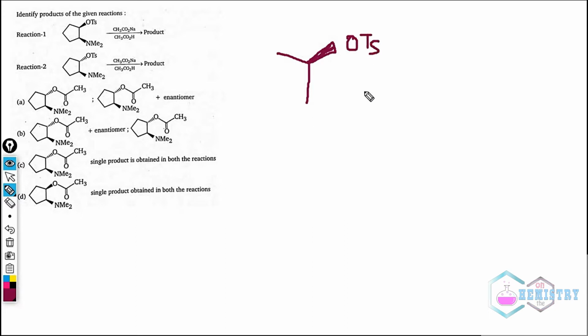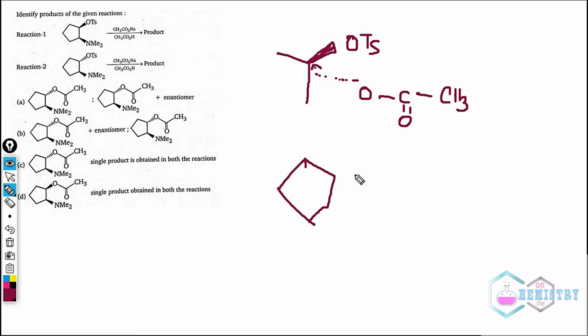So when this group will attack and displace the OTs, it will attack from below the plane, and the product will be like this: OCOCH3, and the NMe2 group will be above the plane. So this product will be the only product from reaction 1.